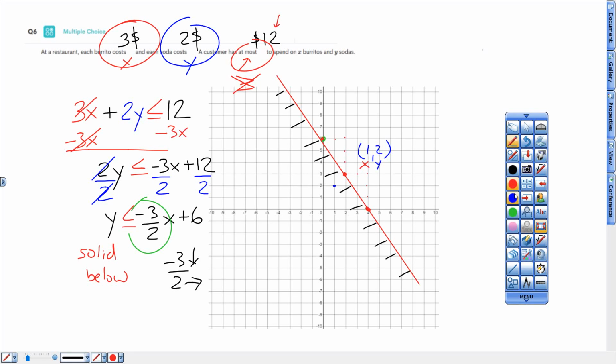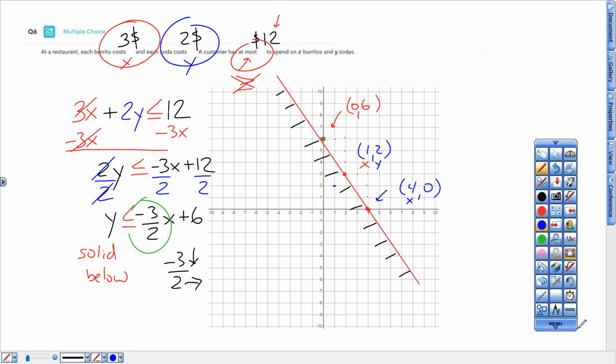Looks like if someone right here, this would be someone who wanted to buy lots of burritos, but no sodas. And then this person would be the person that really wants a lot of sodas, but no burritos. All right, what I'm going to have you do is do this one in blue. Just graph it.